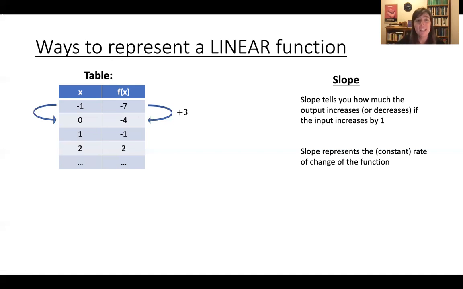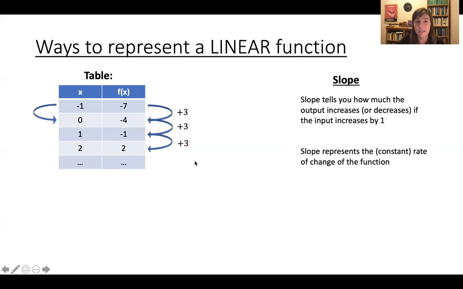And so this table is going to be a linear function if every time you increase the input by 1, the output increases by the same number each time. Let's check. We go from -4 to -1, we're adding 3. Going from -1 to 2, we're adding 3 again.